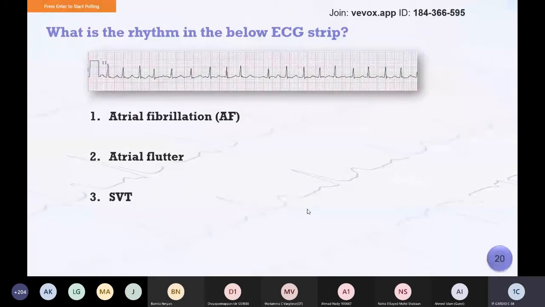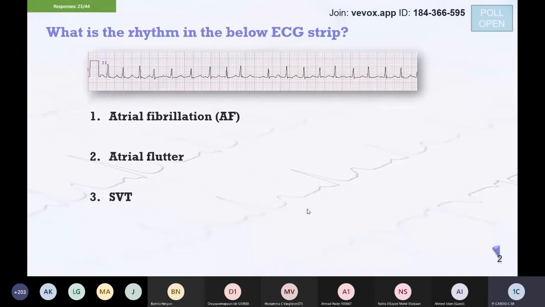So now, just to help you, is this irregular or regular? Then we can start the MCQ. Remember that SVT should be very regular.